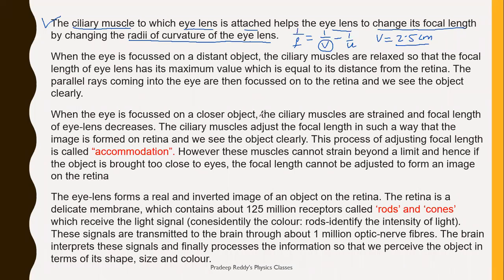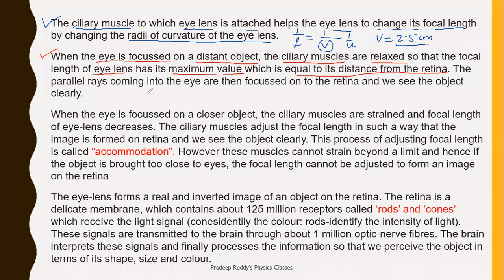This is a very important point you should understand. Coming to the next point: when the eye is focused on a distant object, the ciliary muscles are relaxed so that the focal length of the eye lens has its maximum value, which is equal to its distance from the retina.